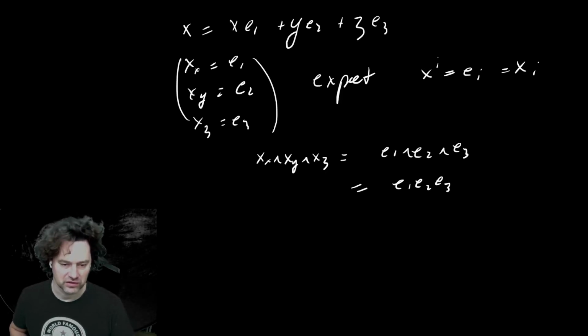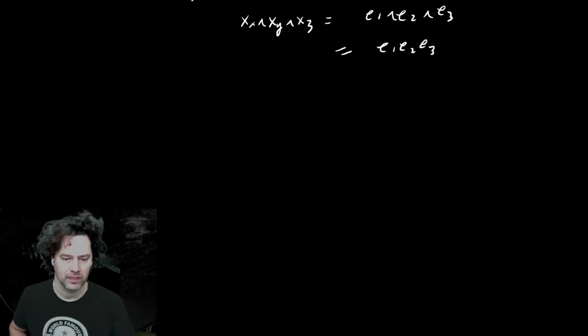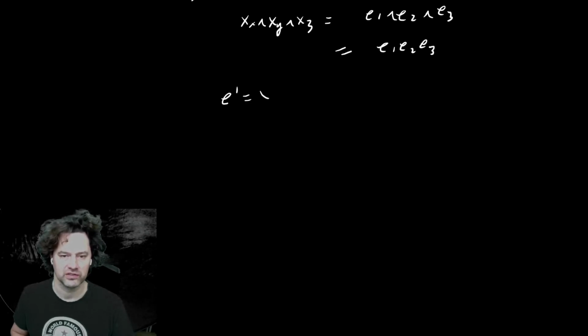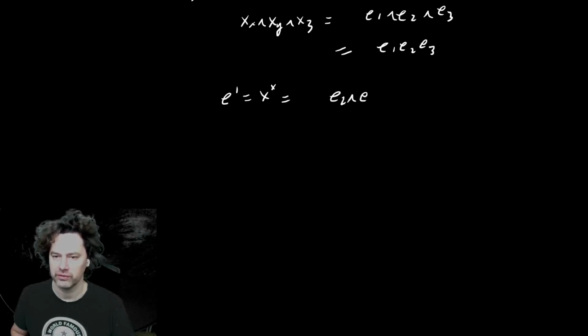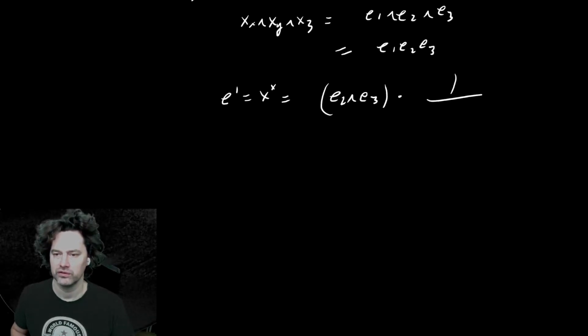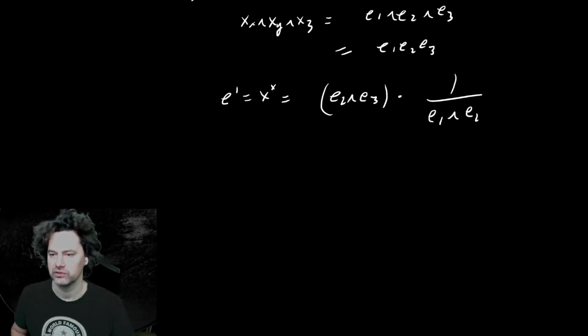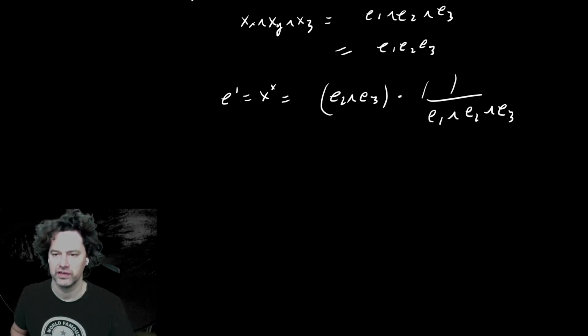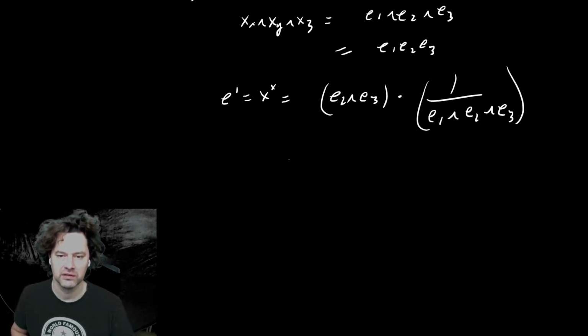And similarly, let's now compute what is e1, or x^x as we've been calling it. That is going to be e2 wedged with e3 dotted with 1 over e1 wedged with e2 wedged with e3, which we've just found is 1 over e1 e2 e3.